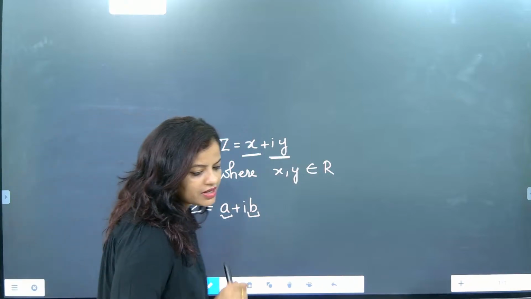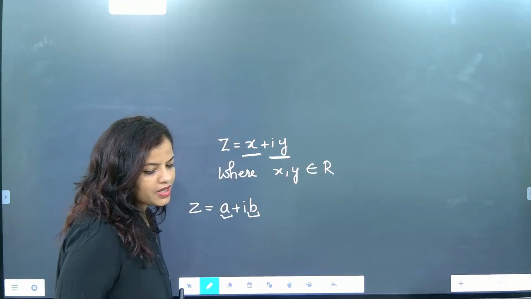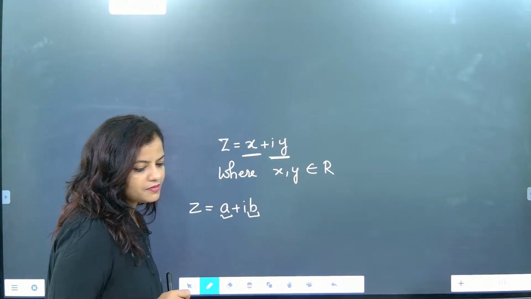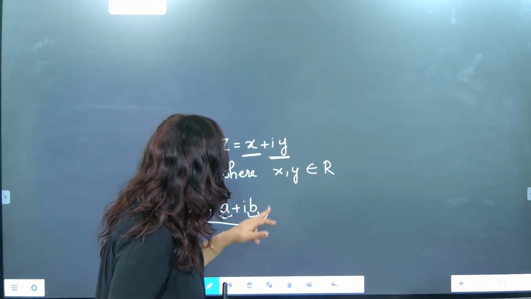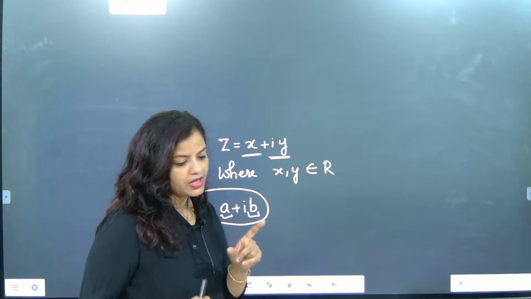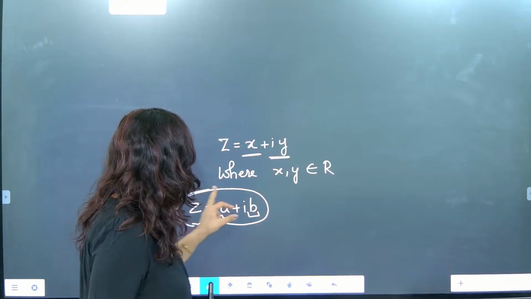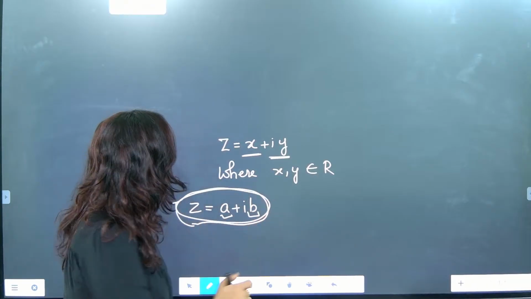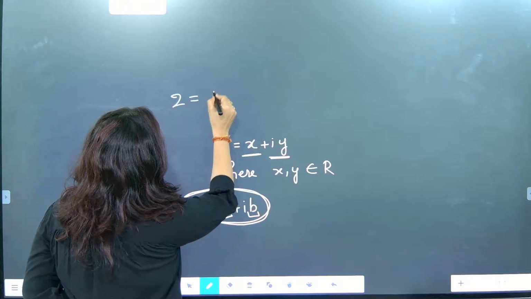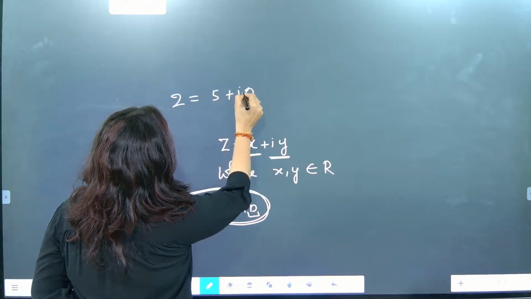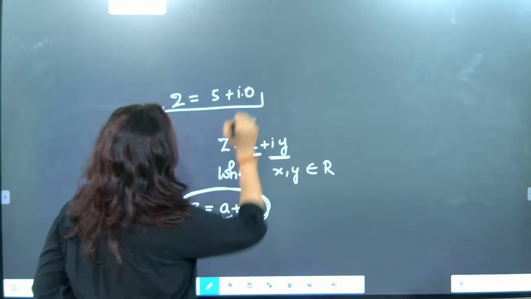A purely real number will always be represented in this format. So when it is purely real, the imaginary part will be zero, and that is the subset of all real numbers.